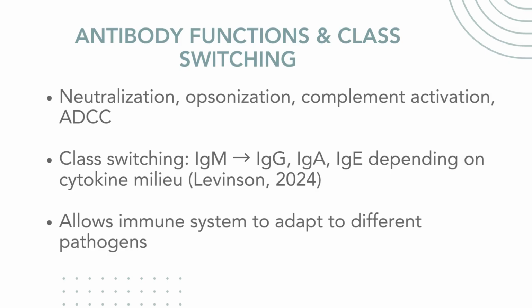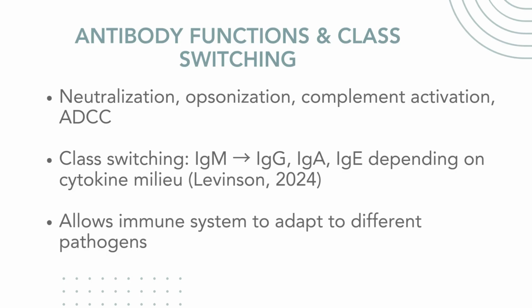Through class switching, the B cells change from producing IgM to more specialized antibodies such as IgG, IgA, or IgE, depending on the infection type and the cytokine signals. This also allows the humoral response to be highly adaptive and tailored.